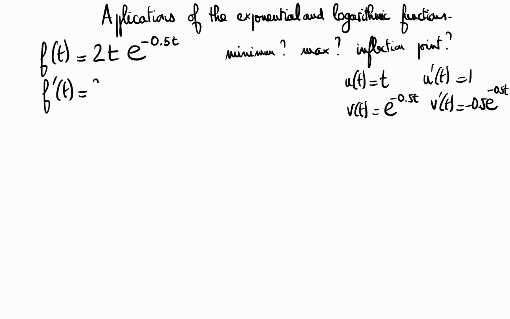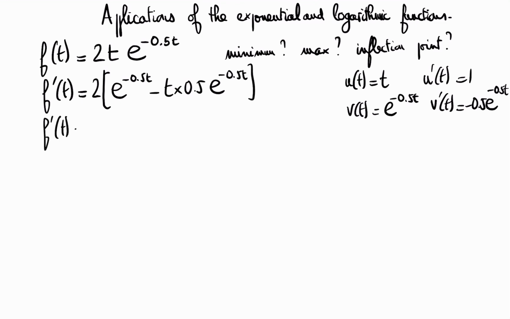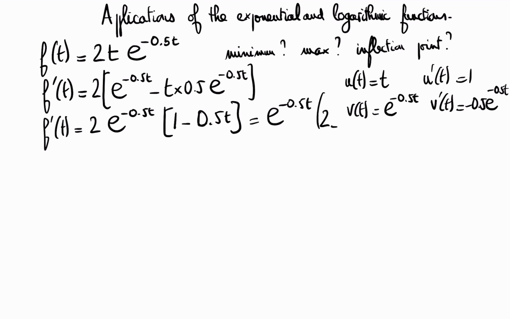So that means that the derivative would be u prime v, so it's e to the minus 0.5t, plus v prime u, minus t times 0.5 e to the minus 0.5t. Okay, so we can factorize a bit by e to the minus 0.5t, which is 1 minus 0.5t, which we can simplify a bit: e to the minus 0.5t times 2 minus t.